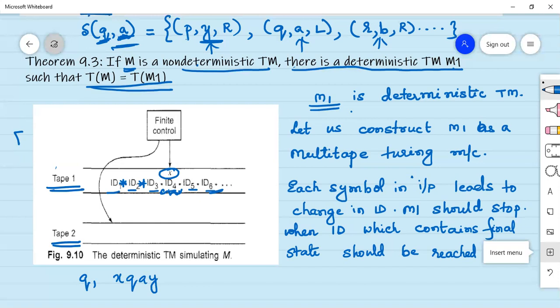So the state Q in the current ID I have taken is this, X, Q, A, Y. Let us say this is not an accepting state. And let us also say delta of Q comma A has k triplets.